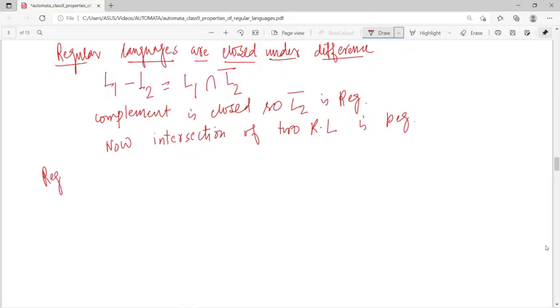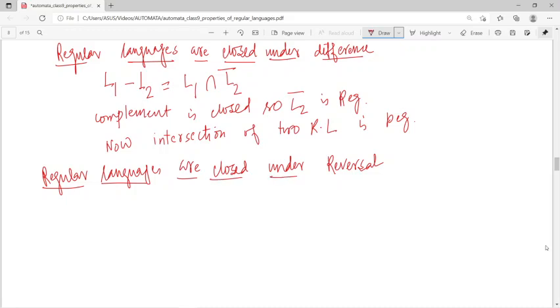Regular languages are closed under reversal. So what do you mean by reversal?